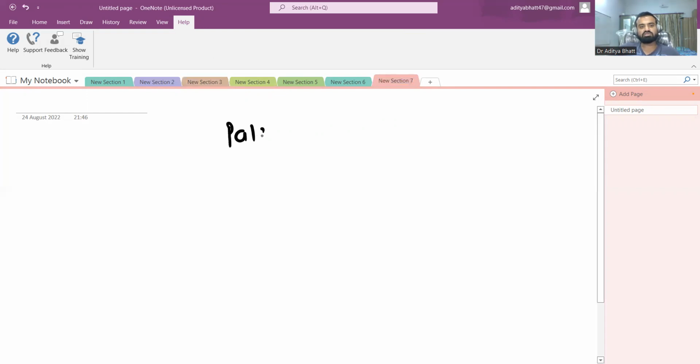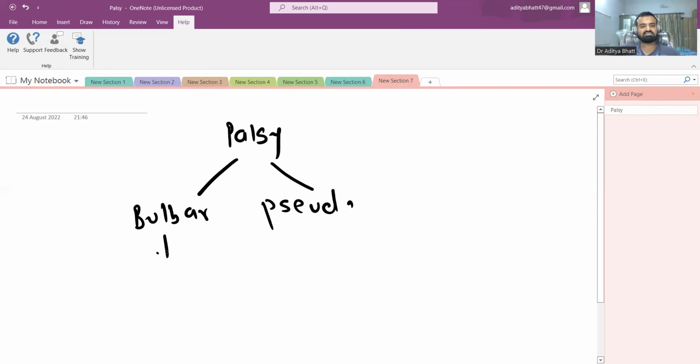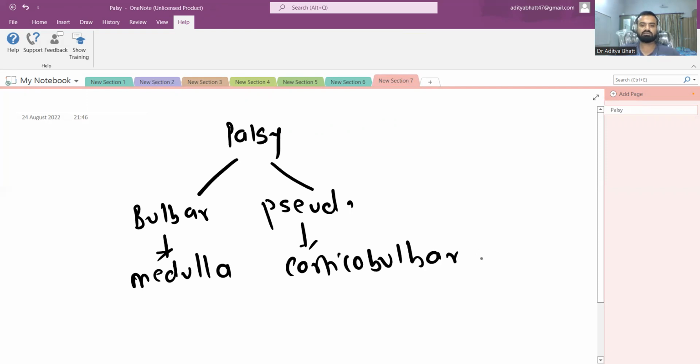Now, initially we talked about bulbar and pseudobulbar palsy. Bulbar palsy is abnormality in the medulla, and pseudobulbar palsy is abnormality in the corticobulbar tract, so it is above the medulla. Both have dysarthria and dysphagia, but the only difference is the mood and the gag reflex.